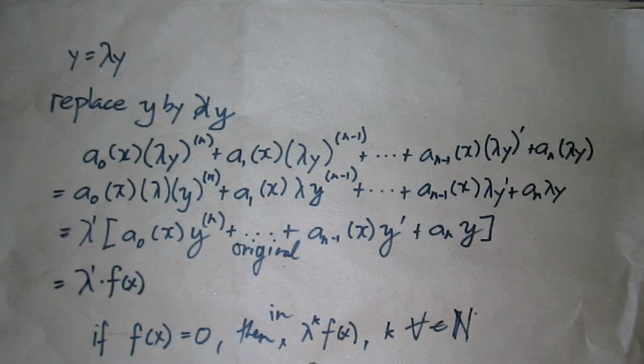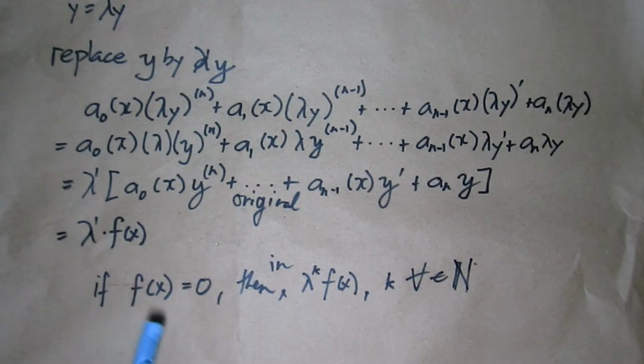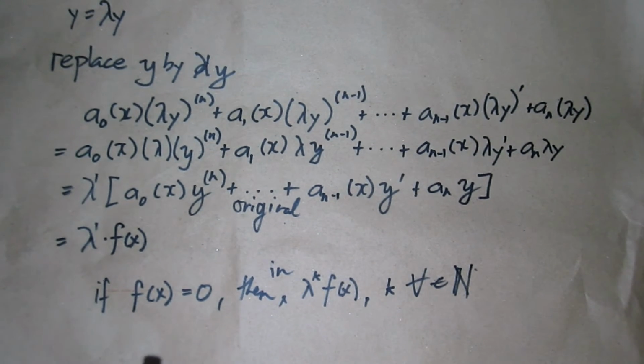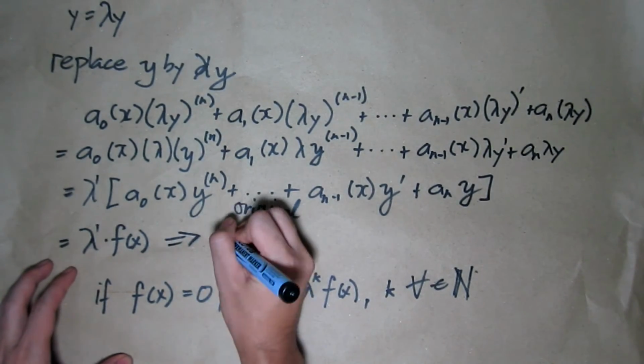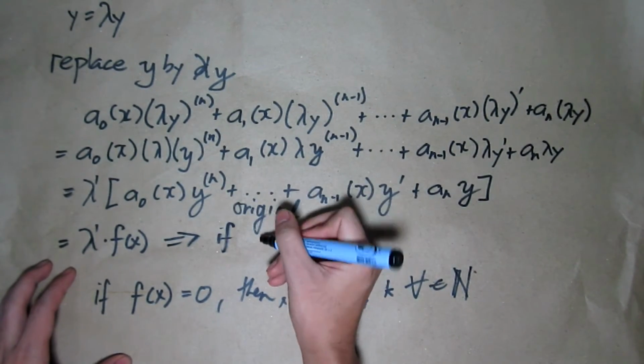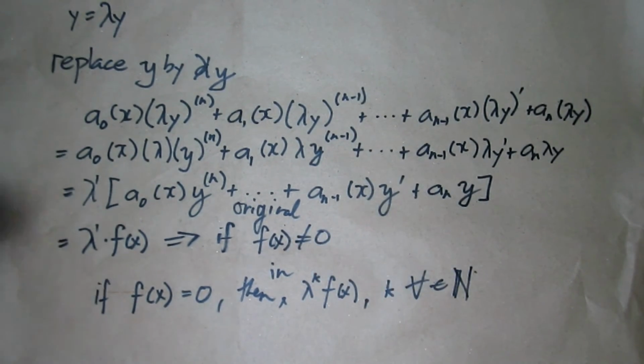If you multiply lambda raised to the power of k by 0, then it will be 0. So no matter what I put there, it's still 0. So it still holds. But if f of x is not equal to 0, then this holds. So this thing holds if f of x is not equal to 0.